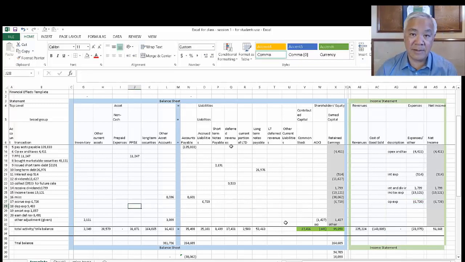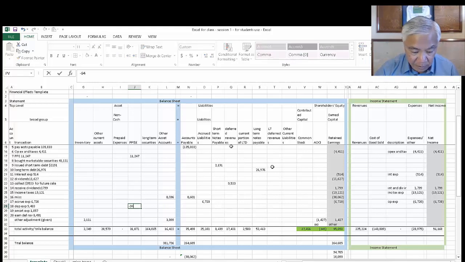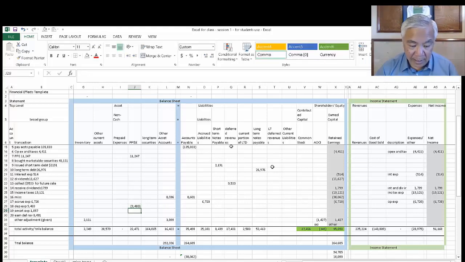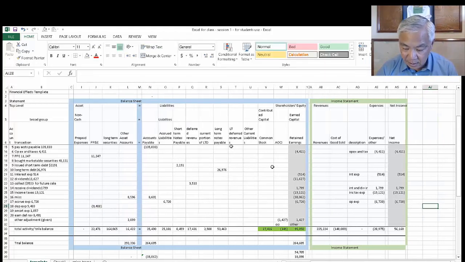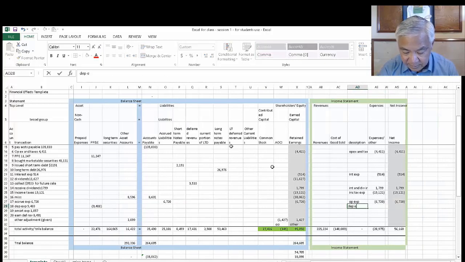And depreciation expense of $9,400. We already explained what that is. So it's an account that goes against or reduces the asset value. So you have the asset account called gross PP&E, and you subtract from it accumulated depreciation. So here, negative $9,400, and we have expenses of depreciation expense of minus $9,400.